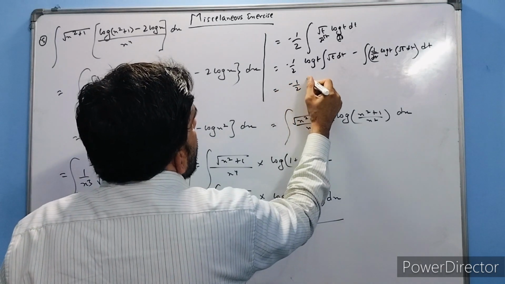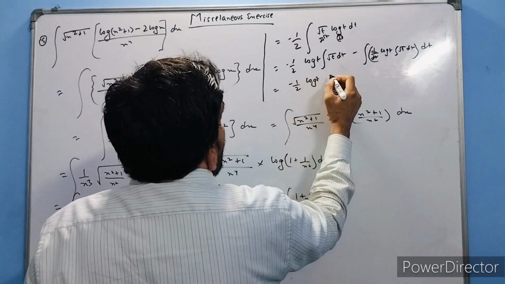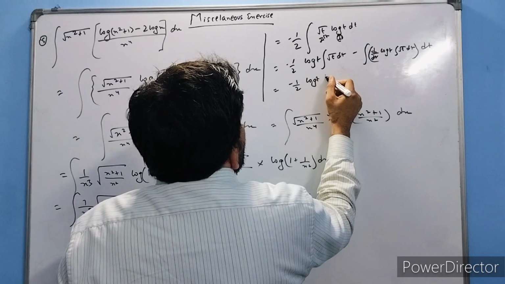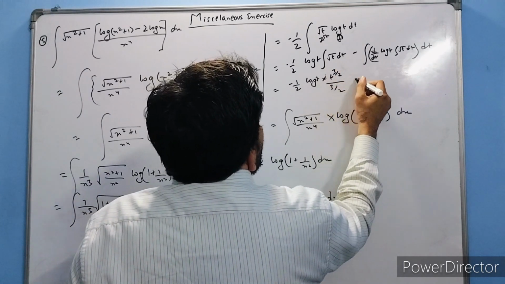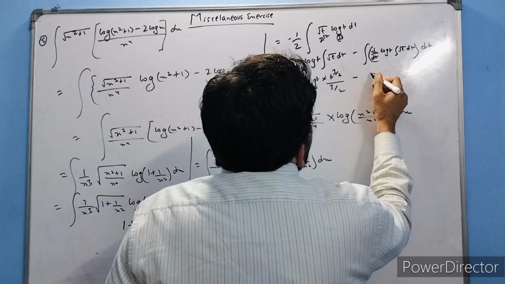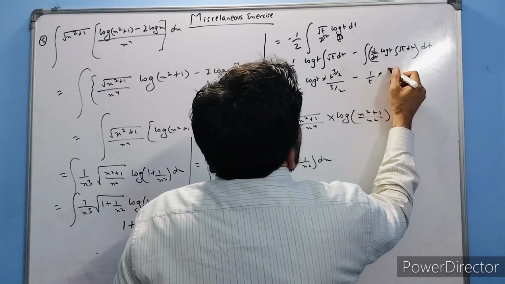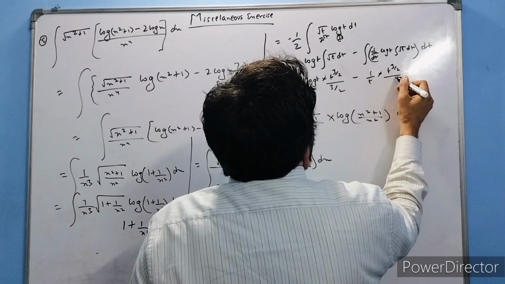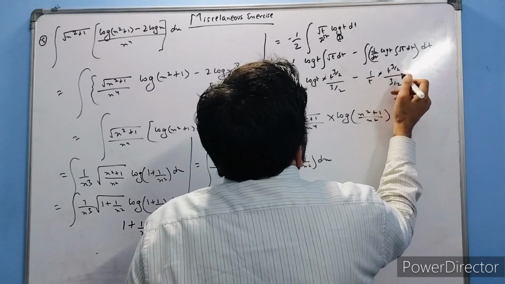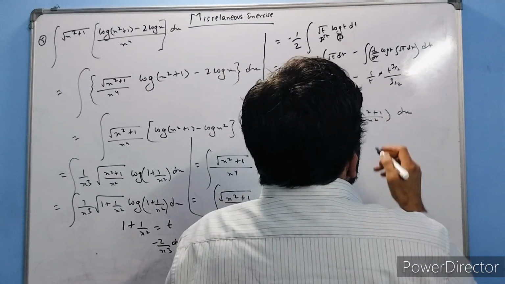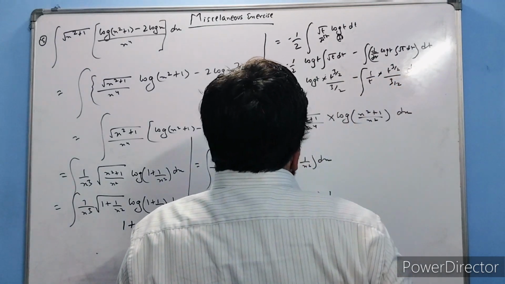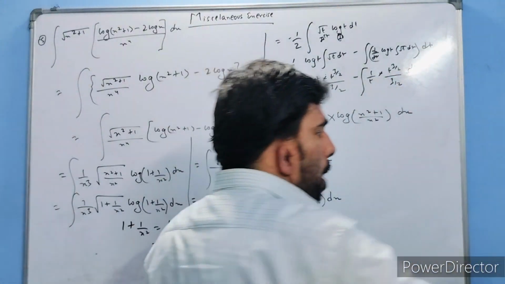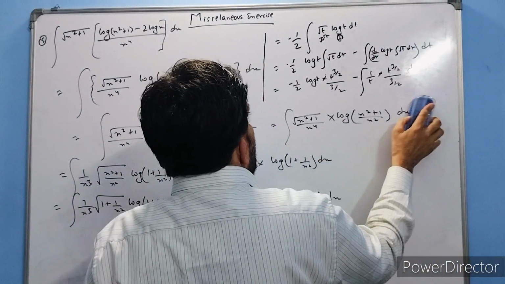Okay, so now we'll try to solve this. We'll get minus half log t, and we'll have t power half plus 1, t power 3 by 2 upon 3 by 2, minus log t, its differentiation 1 upon t into t power 3 by 2 upon 3 by 2. Okay, integration of this log t, so we got this here. We'll integrate it again. So now what will happen? Let us try to solve it.